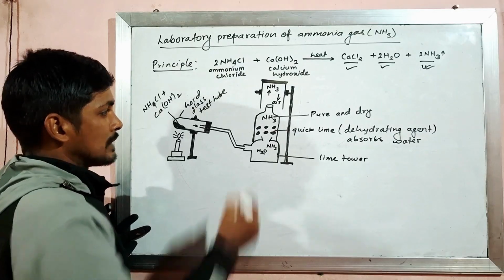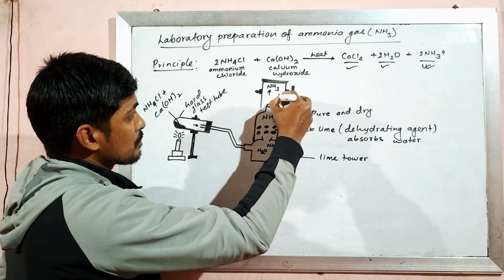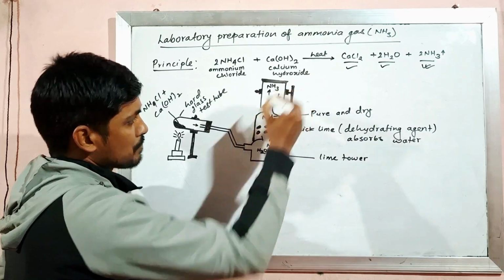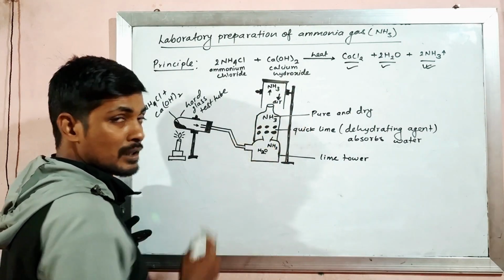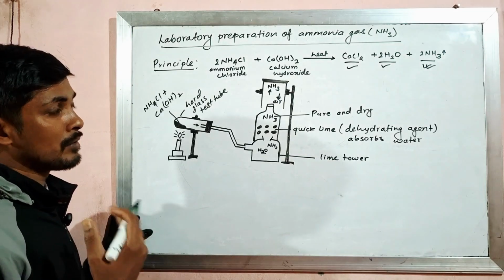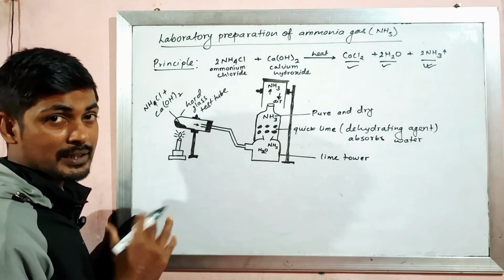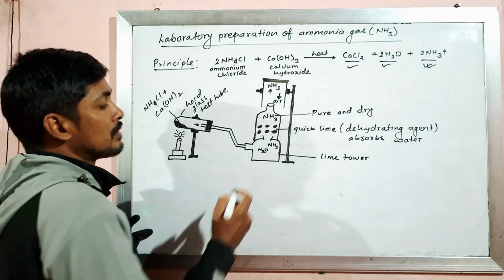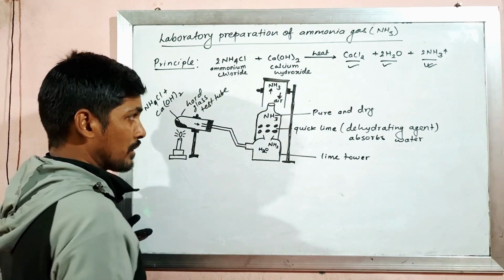Now, this ammonia gas is a colorless gas, so we do not notice whether the jar is full or not with ammonia gas, but this gas is a little bit pungent smelling gas. So we get the smell, but we do not know whether the jar is full or not.